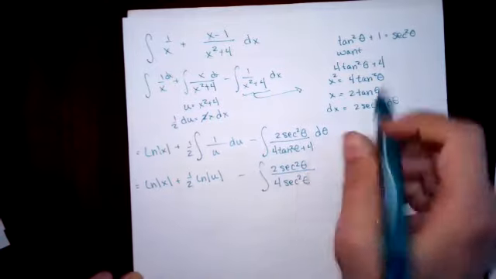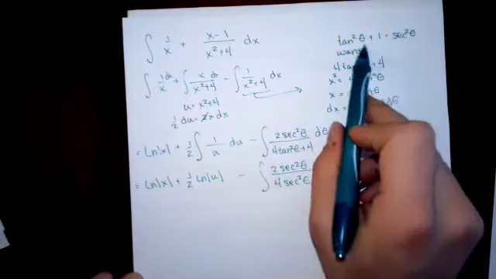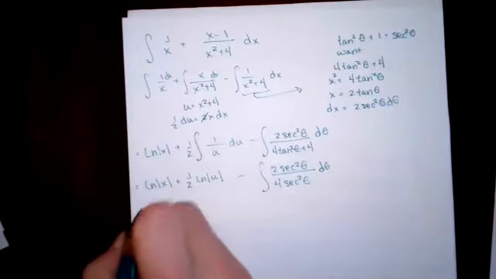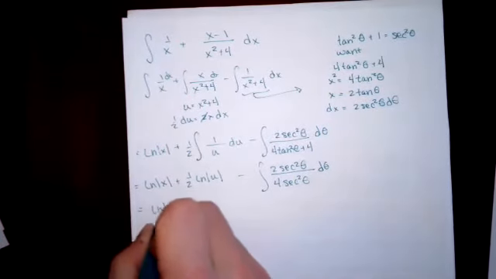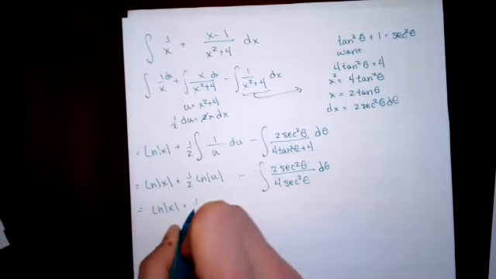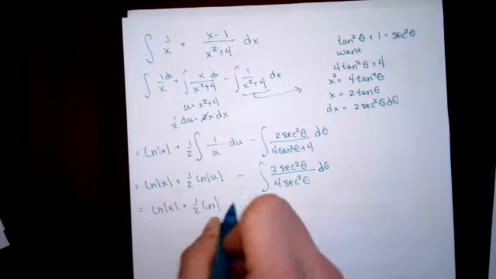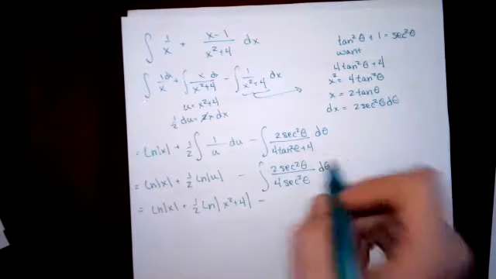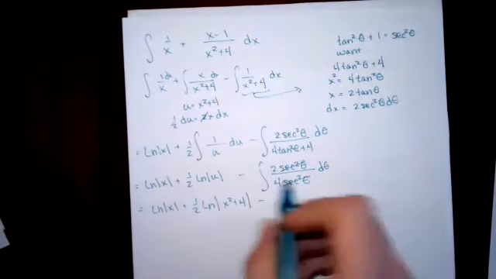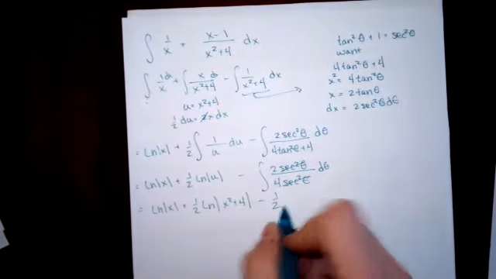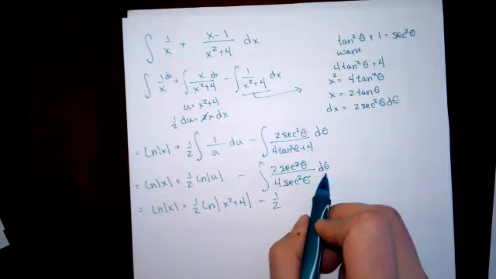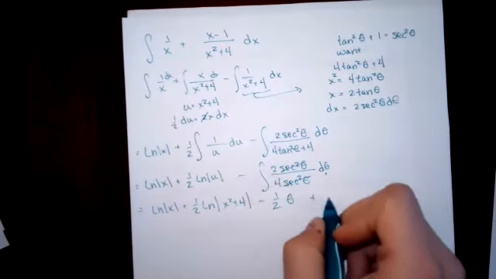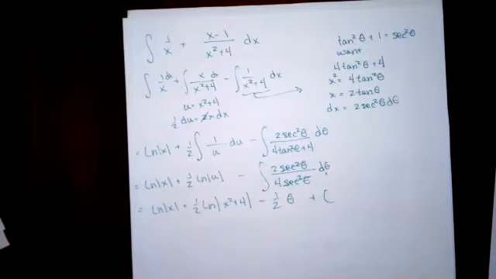So all I did was factor out that 4 there, and then use that identity, d theta. So we've got natural log of absolute value of x plus 1/2 natural log, u was x squared plus 4, minus. So those two are canceling. 2 divided by 4 is just 1/2, and I've got an integral of d theta. So we'll just get a theta. And on this one, since it's a generic integral, we can add that plus c.